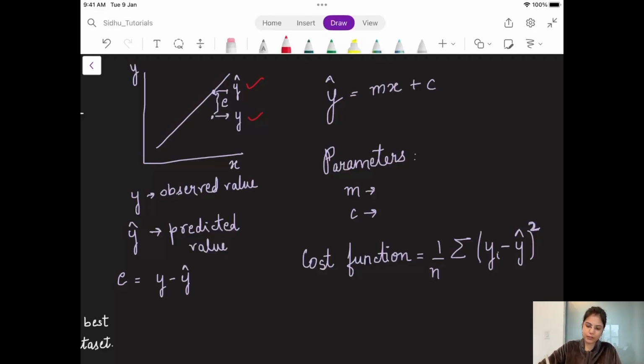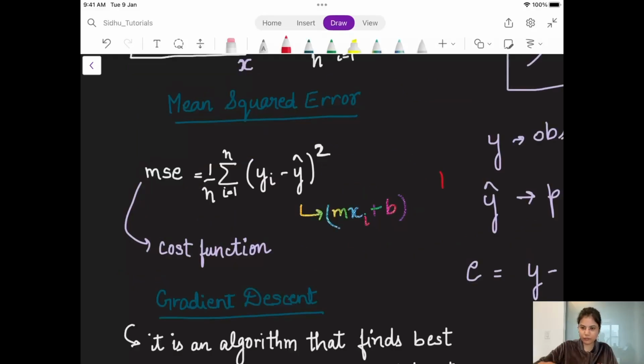Here you can see this is our linear regression equation for one variable, and these are the parameters that we have to find out, and this is the cost.